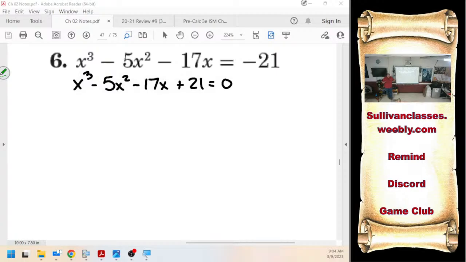I have kids who will go past pre-calc. They'll go into calc 1 or 2, dual credit, something like that. And they come back to me and they're like, wait, how do I do this? Because I didn't stress this type of factoring enough. There is a method.